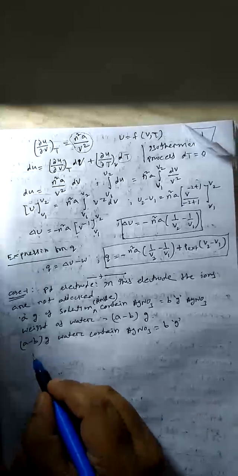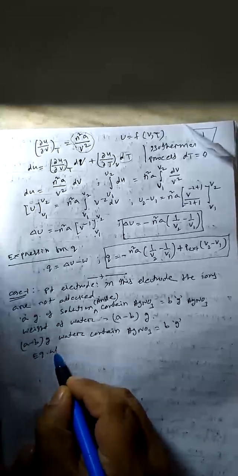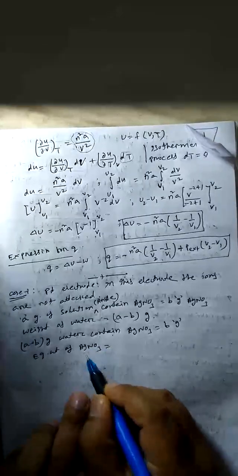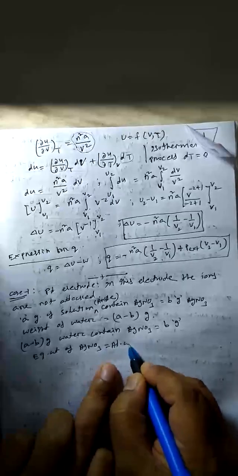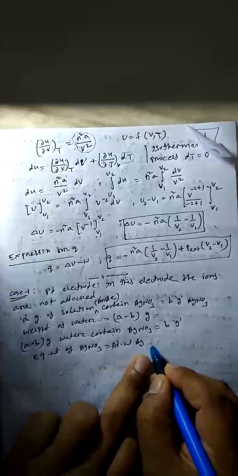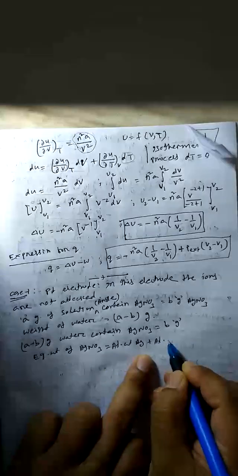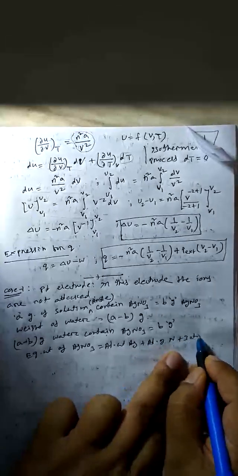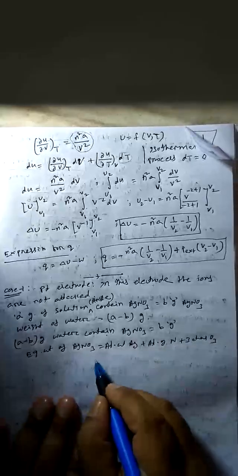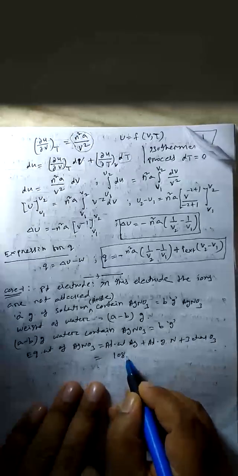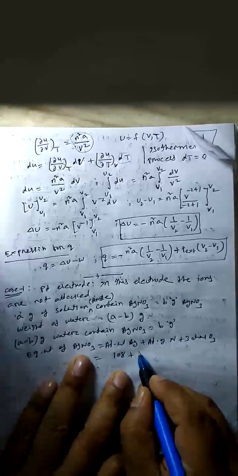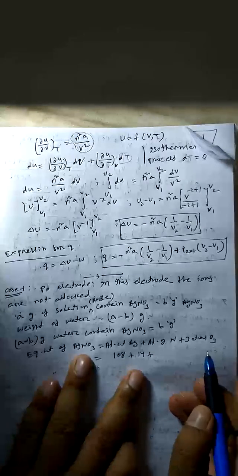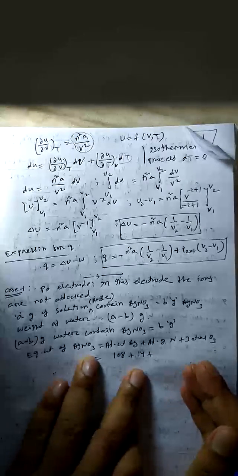Then the equivalent weight of silver nitrate is the atomic weight of silver plus nitrogen plus oxygen. The atomic weight of silver is 108 gram, 1 nitrogen is 14 gram, and 3 oxygen is 48 gram, since 1 oxygen is 16 gram.